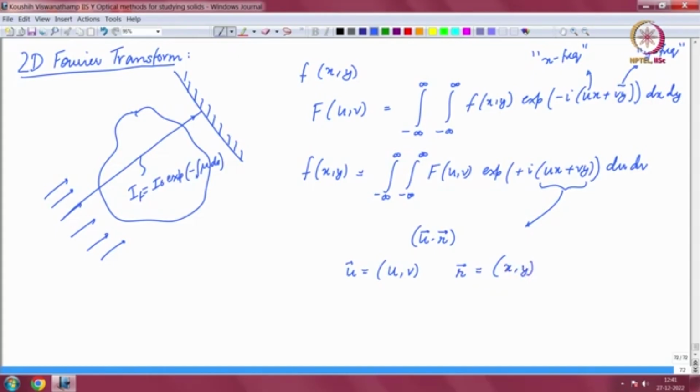So r bar is like a position vector, u bar is like a frequency vector, let us say. Now this function e to the power of i u bar dot r bar will have the same value when u bar dot r bar is constant.